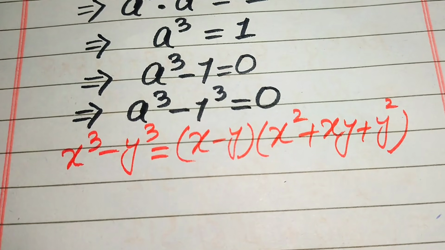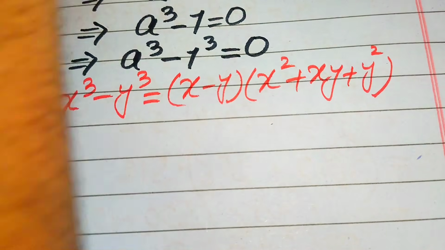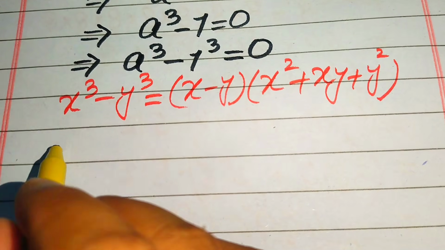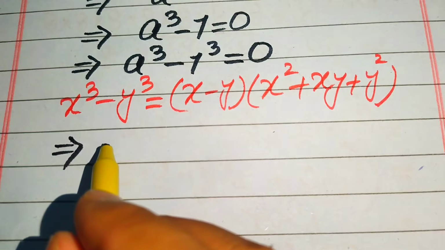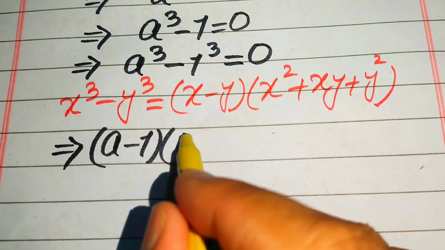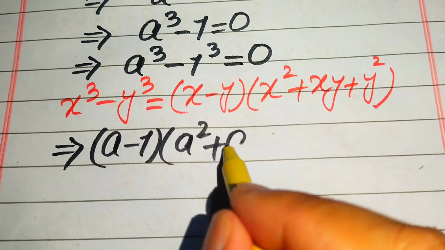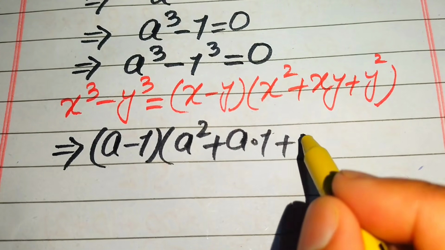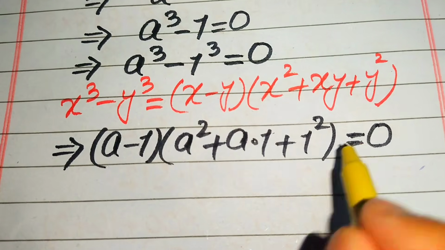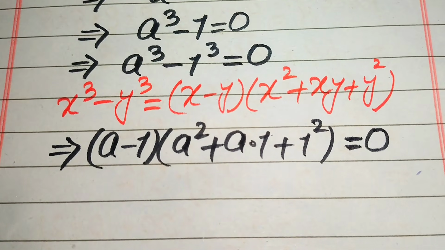According to this formula, we expand the above cubic equation in this form. So we have (a minus 1) times (a squared plus a times 1 plus 1 squared), and this whole equation is equal to 0.